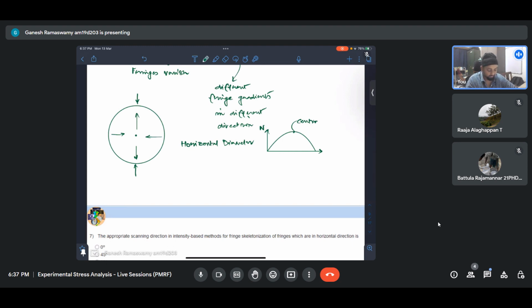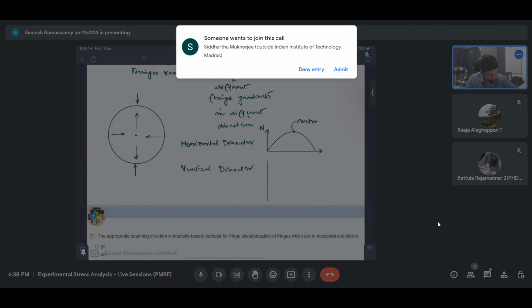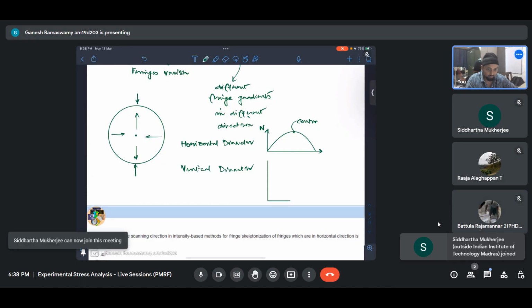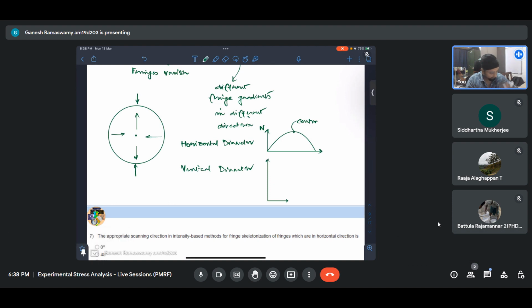So the gradient is this way. Whereas if I draw the vertical diameter, I get quite a high fringe value.